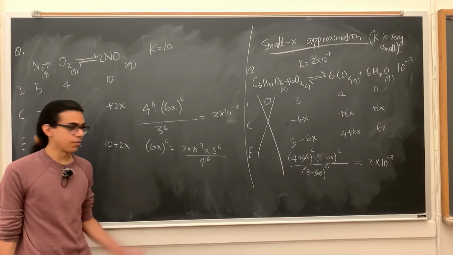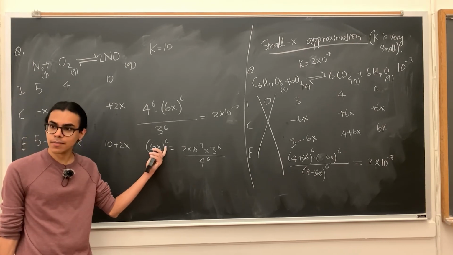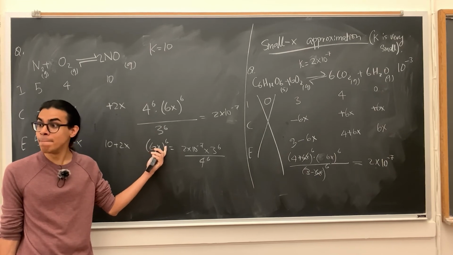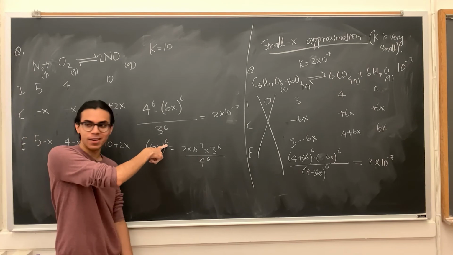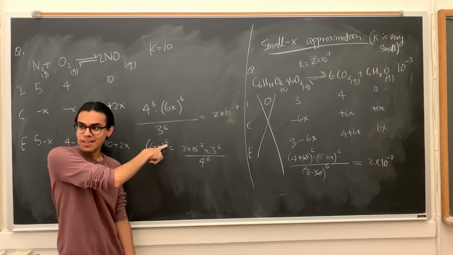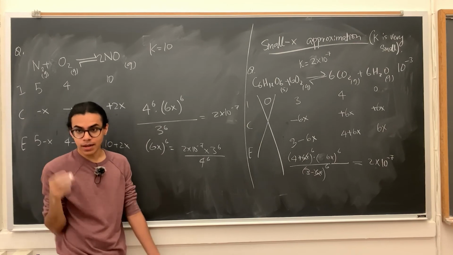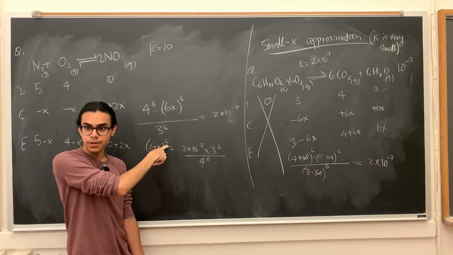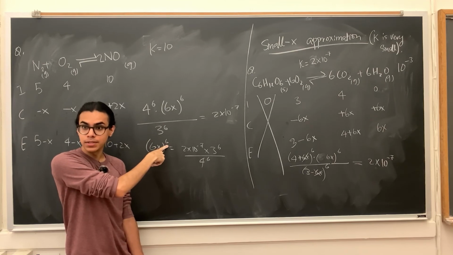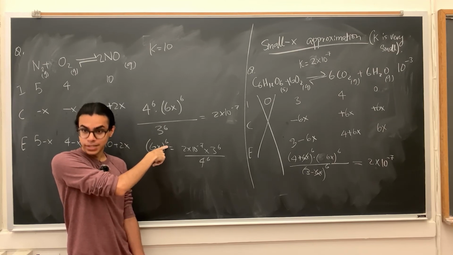What's the last thing I should do to get rid of this 6? Square root would be if I had a square here. Log is an option, but a simpler way is literally, what's the inverse of 6 to the power of 6? Sixth root, yes.